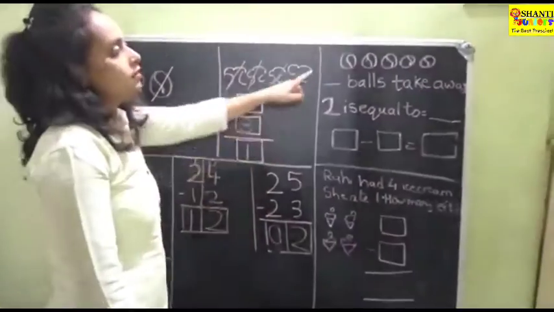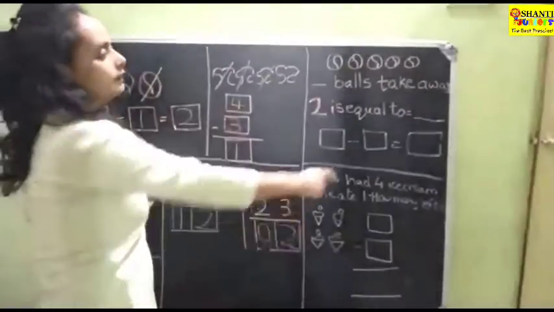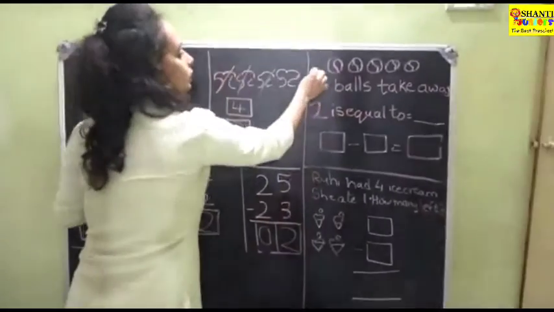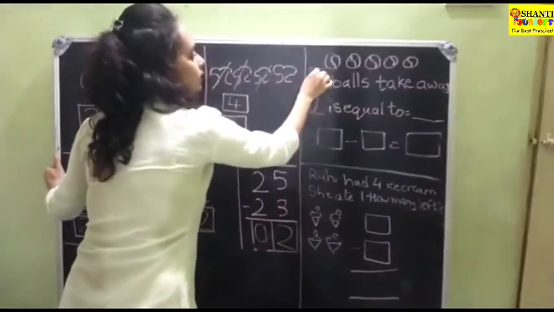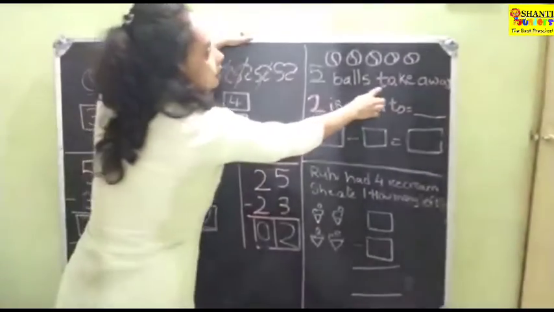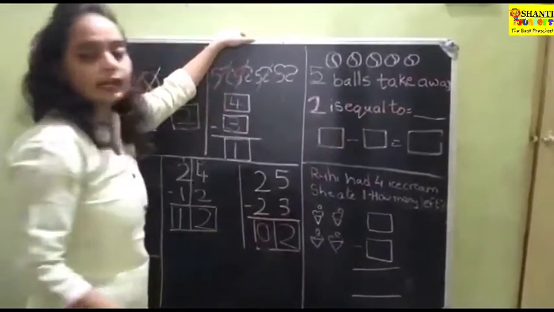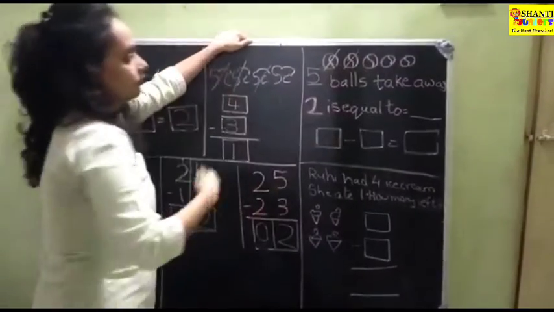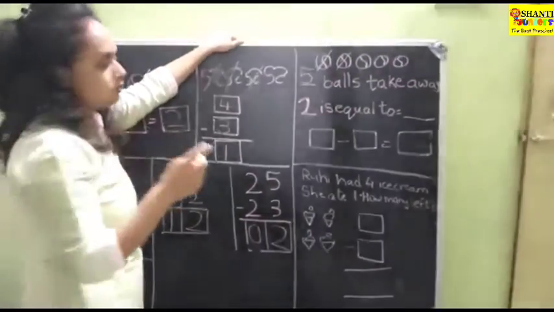Now children, first you have to write the total. How many balls are there? 1, 2, 3, 4, 5. So I am going to write 5 balls. I have a total of 5 balls. Take away 2. Take away means you have to give away 2. So I have taken away 2 balls.